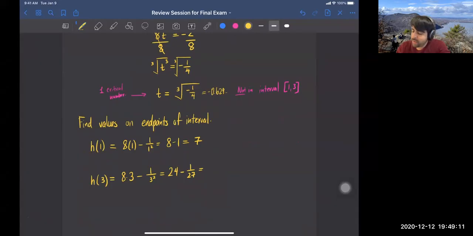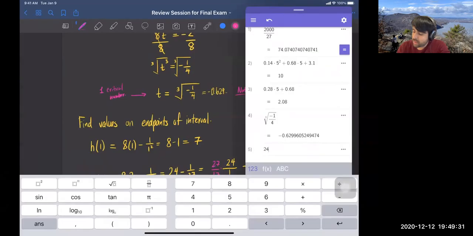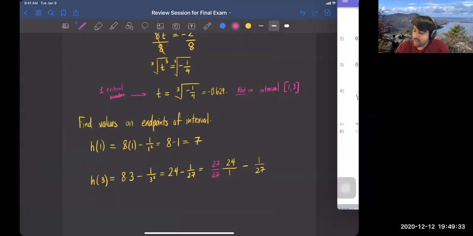If you want to really make this into a fraction, this becomes 24 over 1 minus 1 over 27. Make the same denominator, so I would have to multiply the top and the bottom by 27. And 24 times 27, I don't know what that is, but 24 times 27, 648.